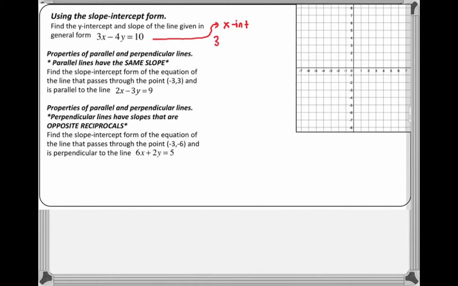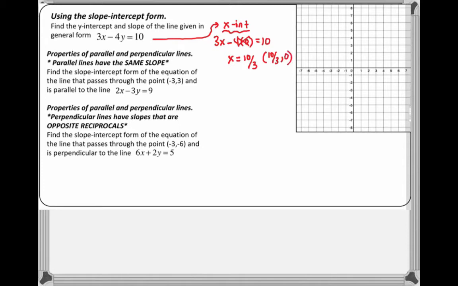And so we would just go 3x minus 4 times 0 equals 10. So the 4 times 0 is just going to go away. Divide each side by 3, and x equals 10/3. So the x-intercept is the point (10/3, 0).